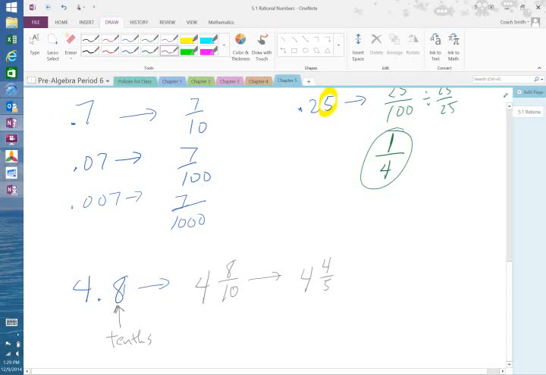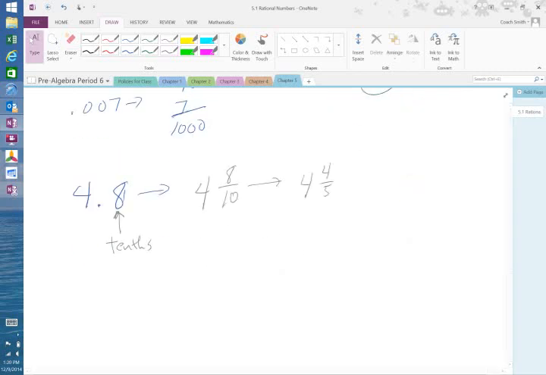Now, it doesn't matter if the numbers they've given us are negative or positive. It's still the same process. Let me get one out of the book. They give me negative 0.85, and they want me to write the decimal as a fraction, or express it as a rational.